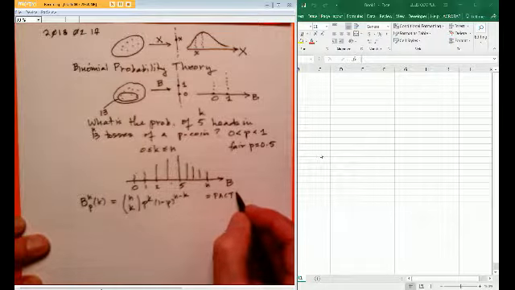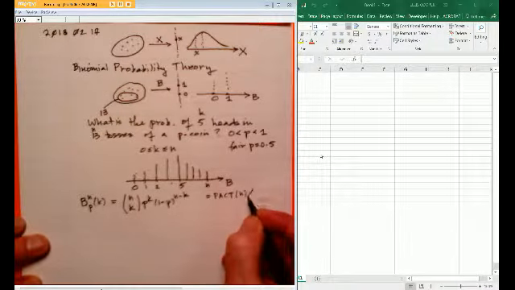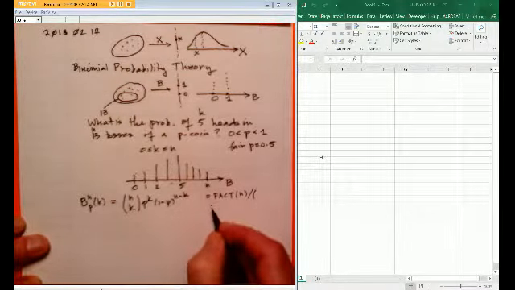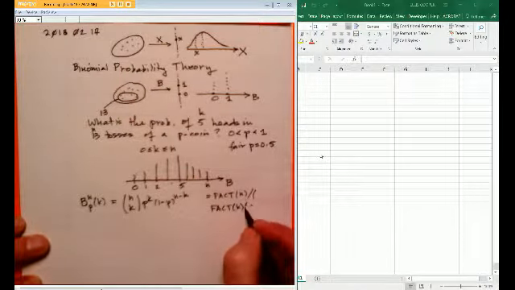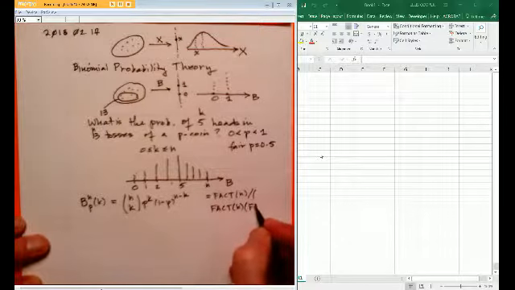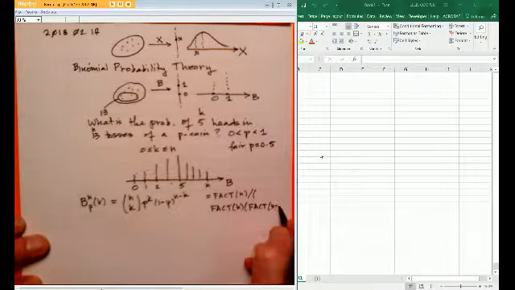You've got factorial of N divided by factorial of K times the factorial of N minus K, and that's very complicated. Let's just leave that alone for now.